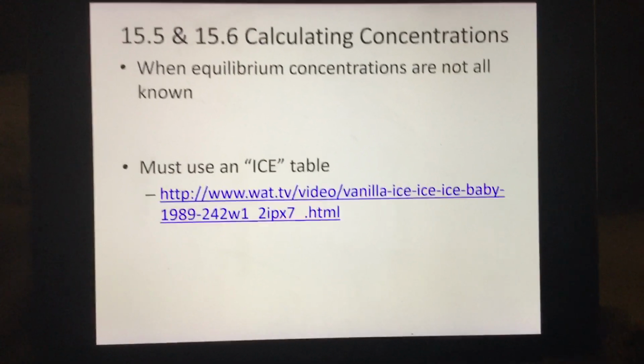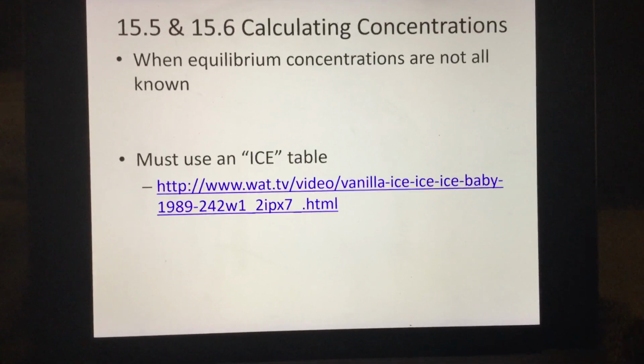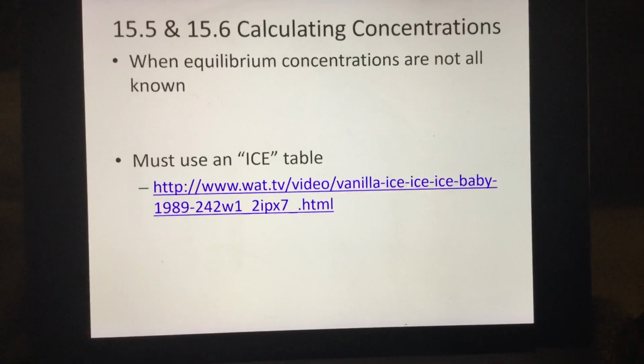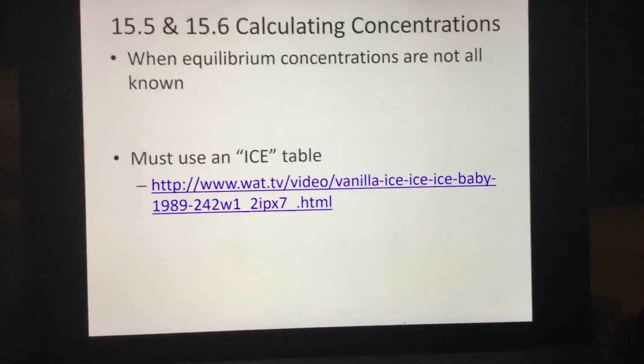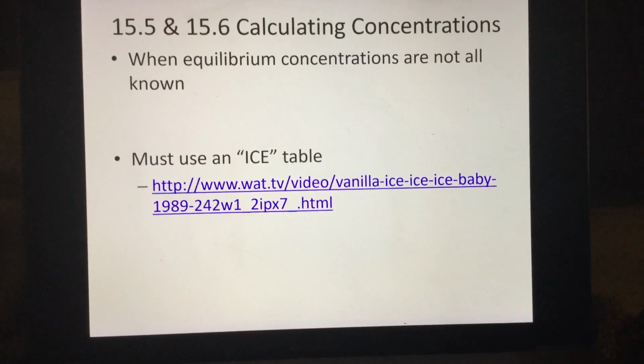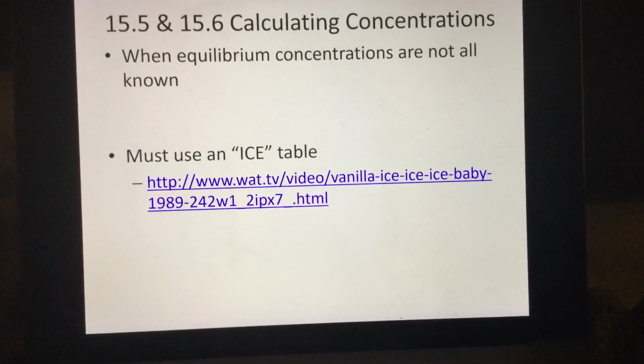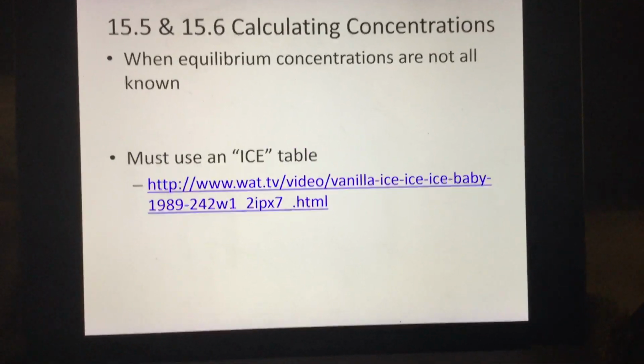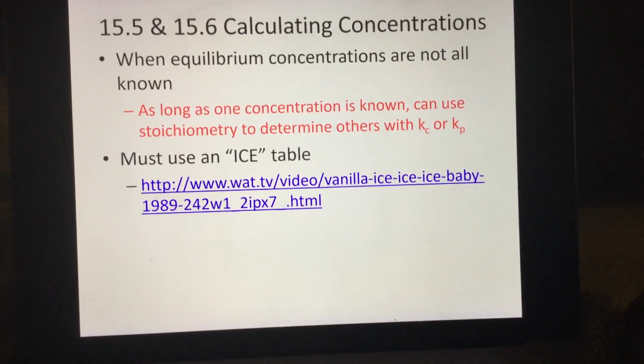When we don't know all the equilibrium concentrations, because again, to calculate an equilibrium constant, we need to know concentrations or pressures of all of the substances at equilibrium. But oftentimes we don't know all of those.